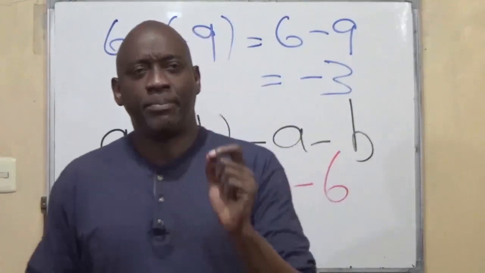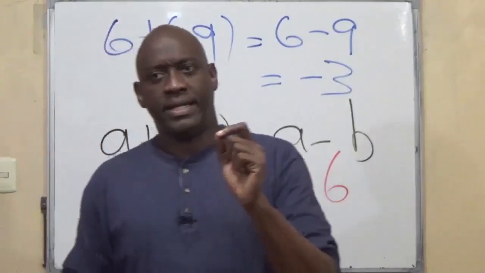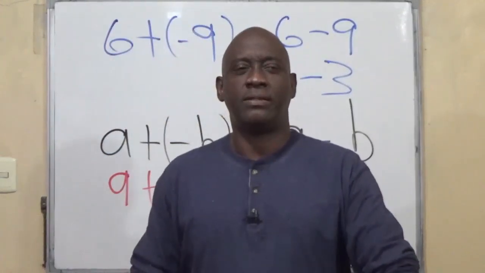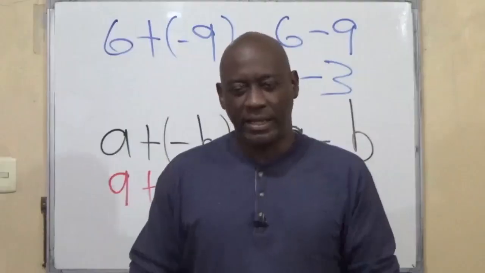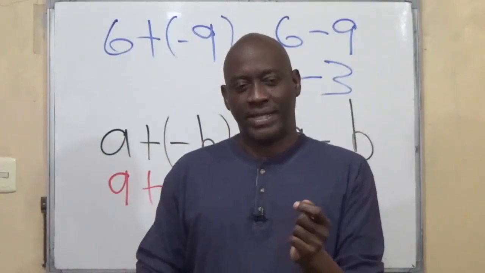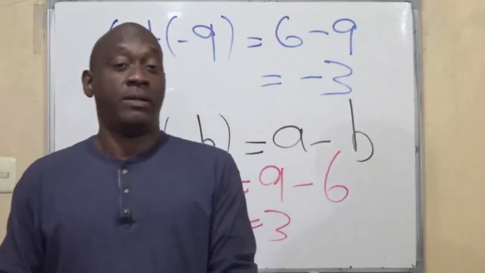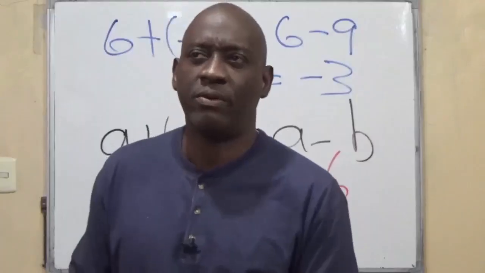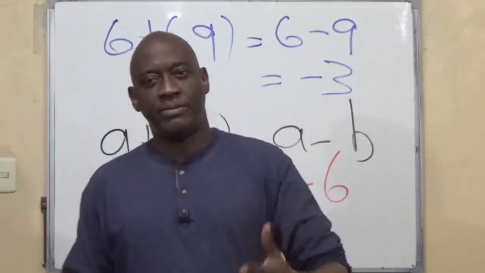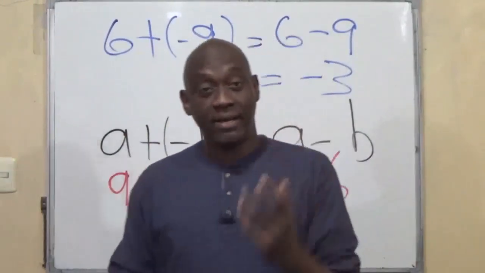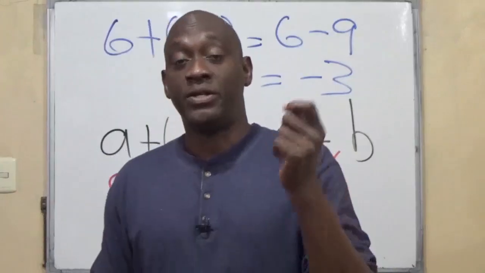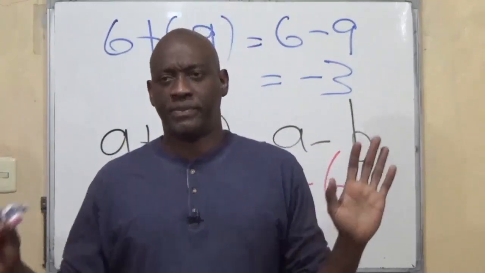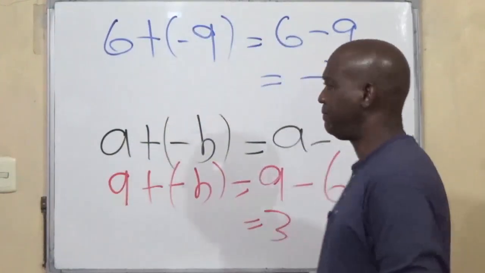When you get to that point in dealing with negative numbers, then you're on the way to getting through the algebra, because as we discussed before, a lot of the algebra will inevitably involve the use of negative numbers. All right, so we're going again.